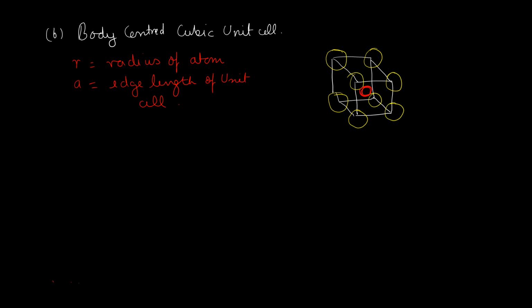If edge length is a, and we want to find the relationship between a and r, then you know very well, since this middle atom is present inside the body of the cube, it will lie on the body diagonal. The body diagonal would be this one, which is from top this portion to this one. This is the body diagonal, right?